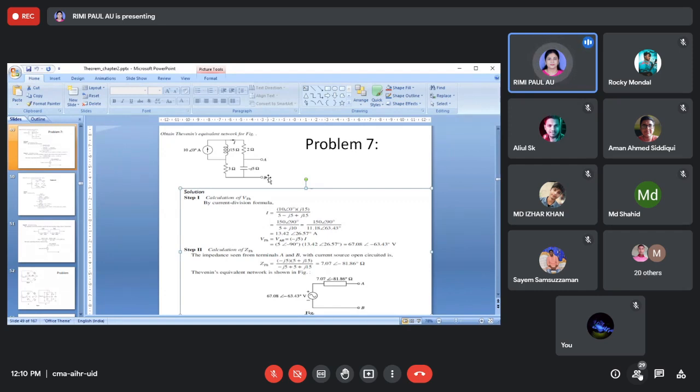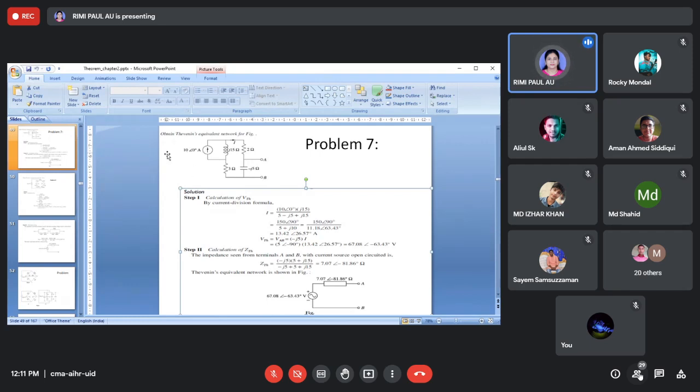Another thing you have to find out is VTH. Here you can easily use the current division rule, because if you find the branch current of this path, then current into minus J5 gives you the voltage drop here. Once you get the voltage drop here, you can find VAB. Why am I applying the current division rule?